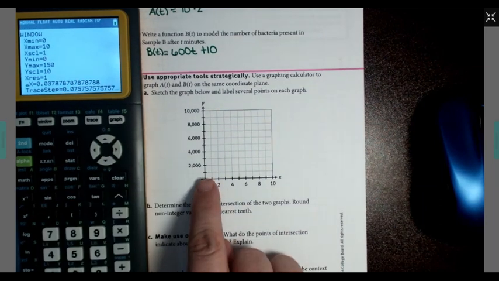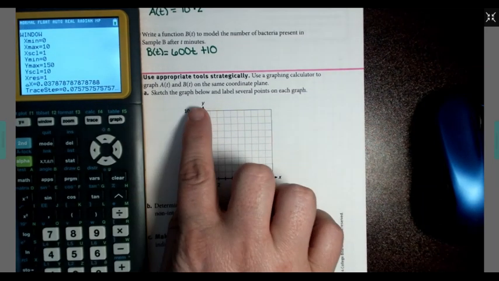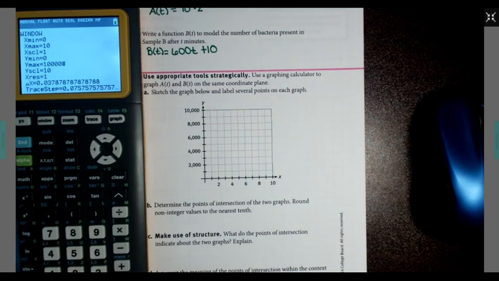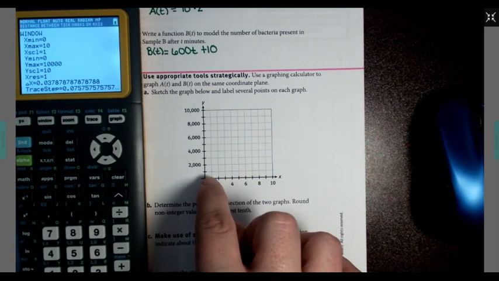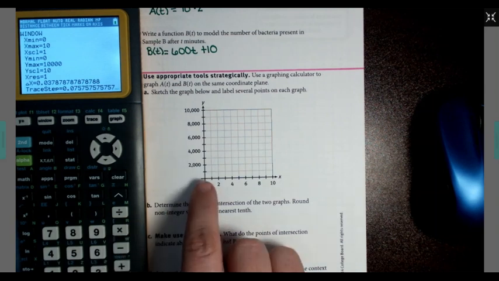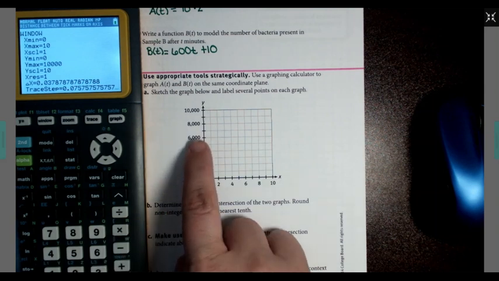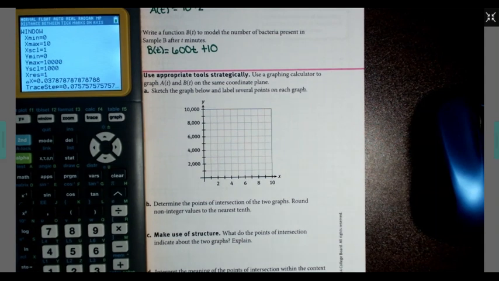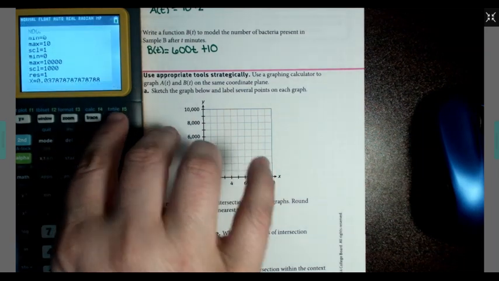Okay. We're going to go from 0 to 10,000 on my Y. And here we're counting by 1,000 because each little subline is 1,000. Again, it doesn't make sense to graph it unless I'm going to match the grid that they give me. And then I'm going to press graph.